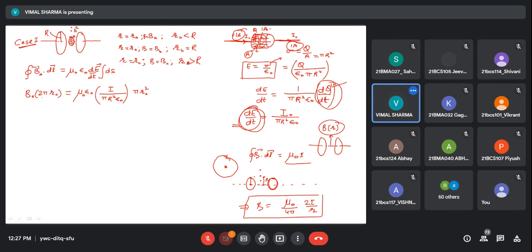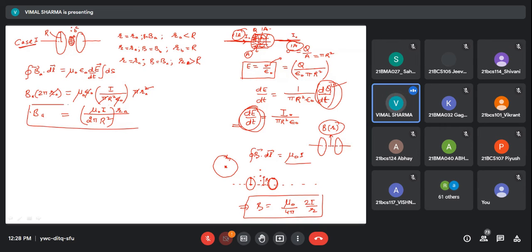Now you can cancel pi with pi, and B_a can be written as mu naught times I divided by 2 pi R squared. I can cancel r_a with the square of r_a, so I'll be left with r_a here.